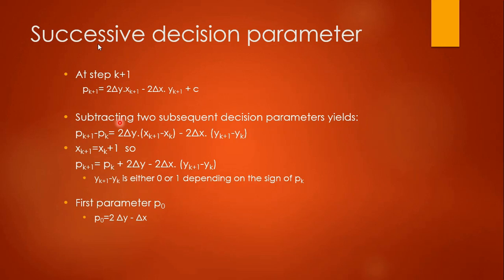The first parameter p naught is evaluated from the previous equation, by the same pk formula. Apply m equal to delta y divided by delta x in the pk formula, and you get p naught equal to 2 delta y minus delta x.